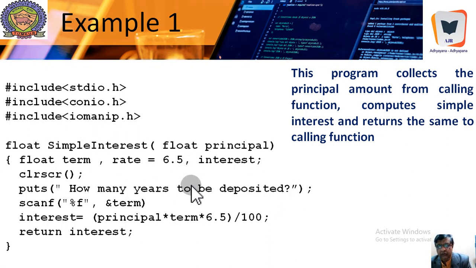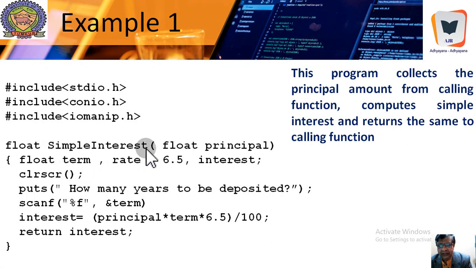Therefore, since we want to bring in some kind of formatting over here, we have included iomanip.h. If you are working in the Turbo C environment, inclusion of this is not required, and it is not even available, and stdio.h will serve the purpose.